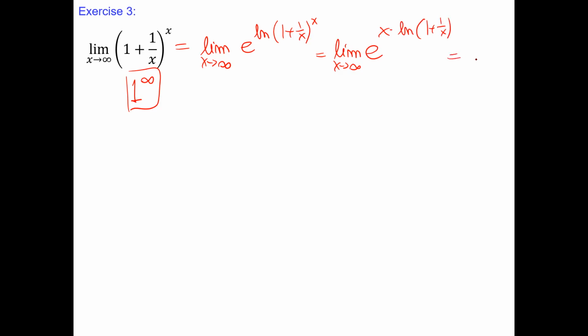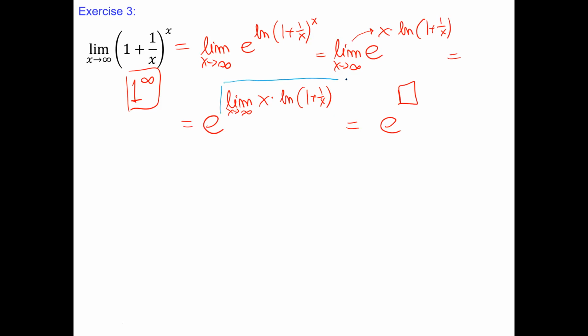Okay, the final answer, oh no, still, e to the power of that limit, because we will apply the limit here. Infinity, x times ln of 1 plus 1 over x. The final answer is e to the power of that number.